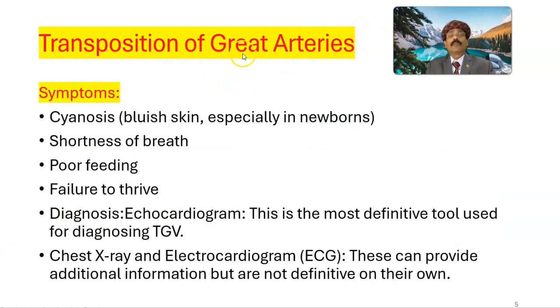What are the symptoms of transposition of great arteries? Symptoms are cyanosis, bluish skin, especially in newborns, because of deoxygenated blood, shortness of breath, dyspnea, poor feeding, failure to thrive. How to diagnose?